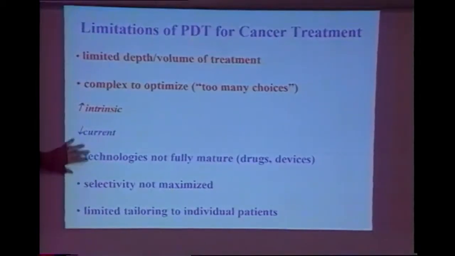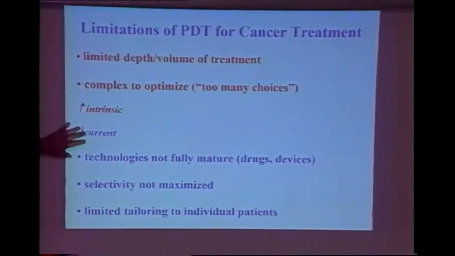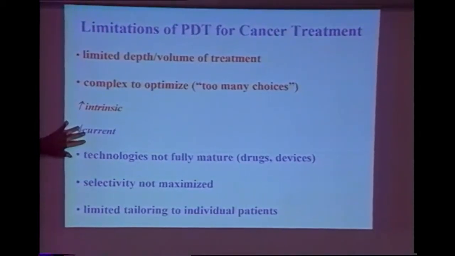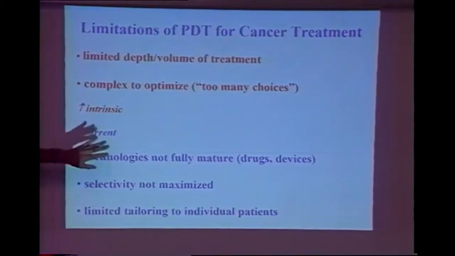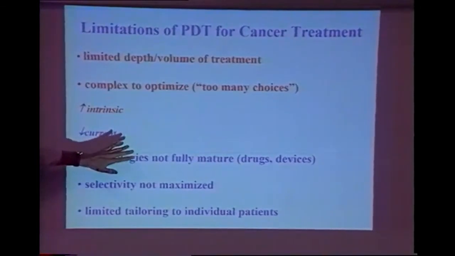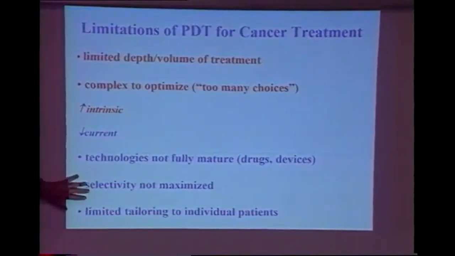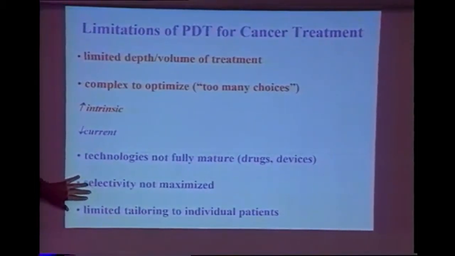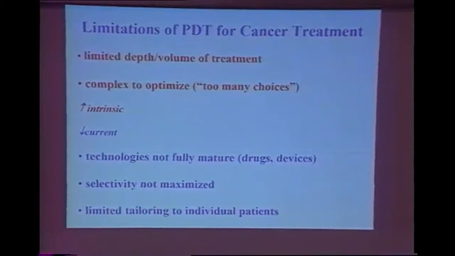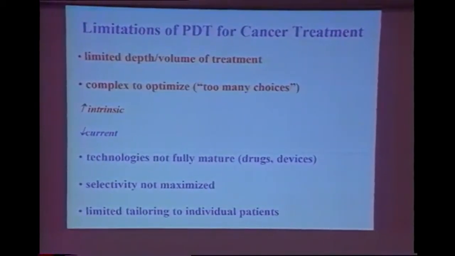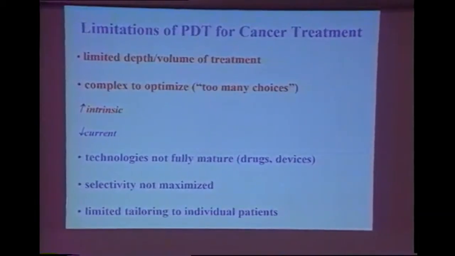There are other limitations that are really technological or knowledge limitations. The technologies are not fully mature. That's true of the drugs as well as the devices. The selectivity is not maximized. We have a couple of patients in our prostate trial where we have made holes in the rectum. We do not have complete selectivity.